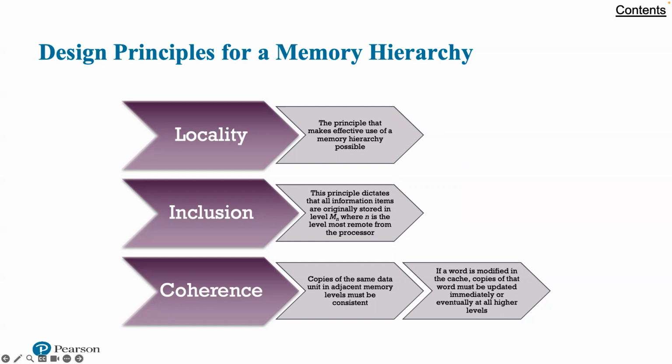And then finally, for coherence, copies of the same data unit in adjacent memory levels must be consistent. If a word is modified in the cache, copies of that word must be updated immediately or eventually at all higher levels. Coherence has both vertical and horizontal implications and is required because multiple memories at one level may share the same memory at the next higher level.